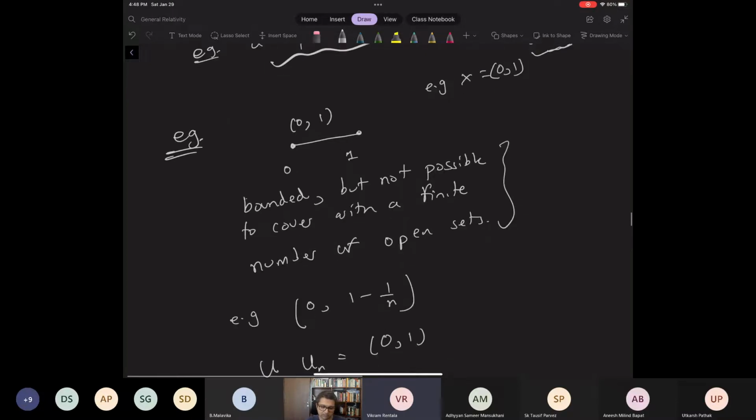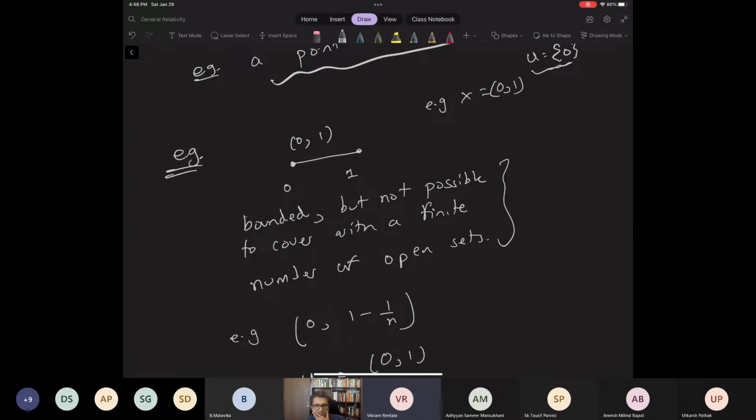So let's see what we mean by that. For example, if you try to cover this (0, 1) by open sets, these open sets have to be subsets of this interval (0, 1), because that's the inherited topology. So what I can try to do is put many open sets, and keep getting closer and closer to the end point, but all these open sets have to belong to the open interval (0, 1).